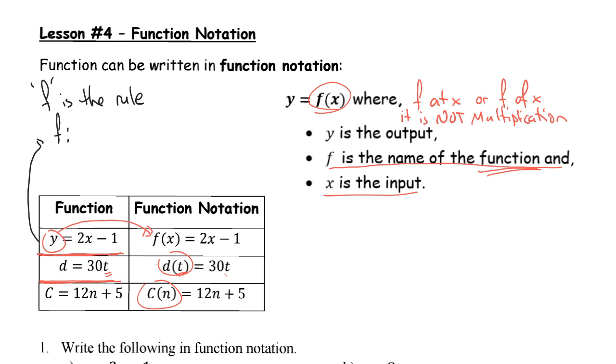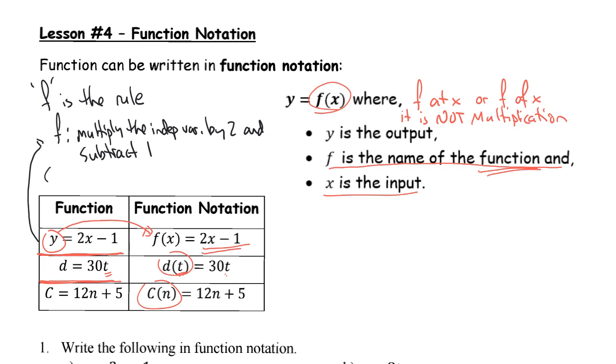What's going on here? F stands for multiply the independent variable by 2 and subtract 1. So f is the name of the function here, but it also is representing that rule: multiply the independent variable by 2, subtract 1. That's exactly what we're seeing here.